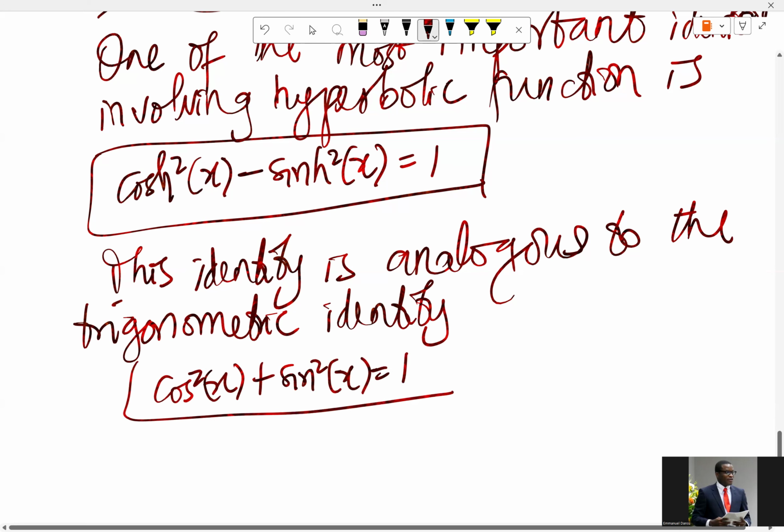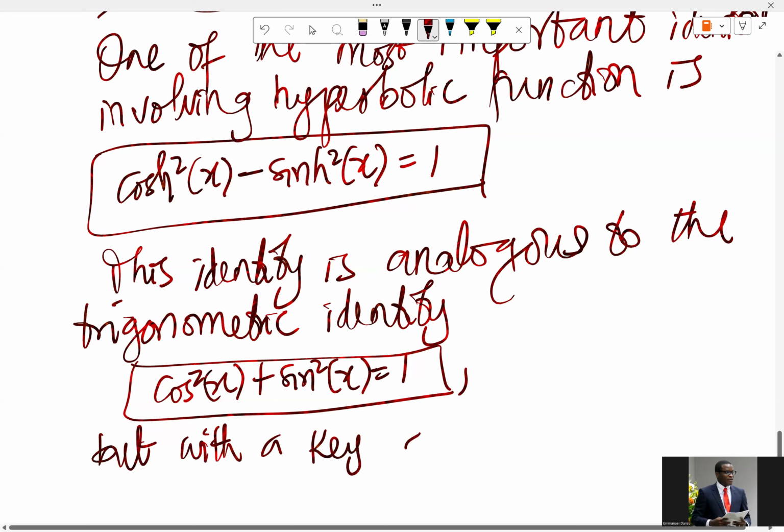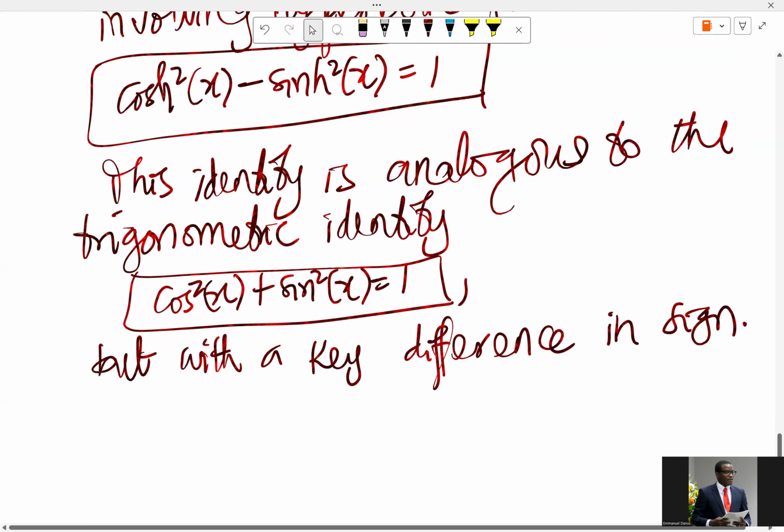So this is a popular identity when you talk about trig. The only thing is that it comes with a key difference in sign. Okay. So having done that, let's talk about the graphs of sinh and cosh.